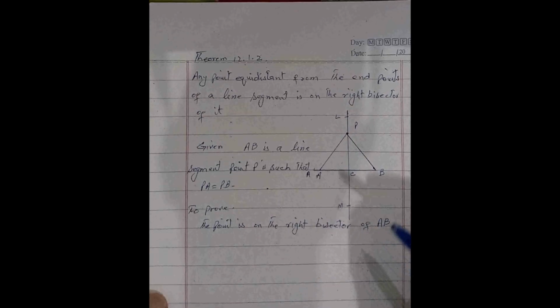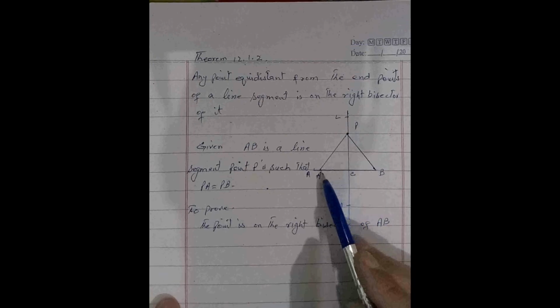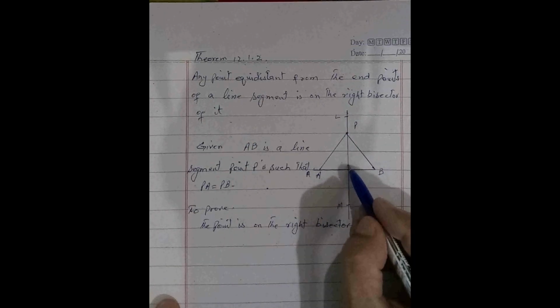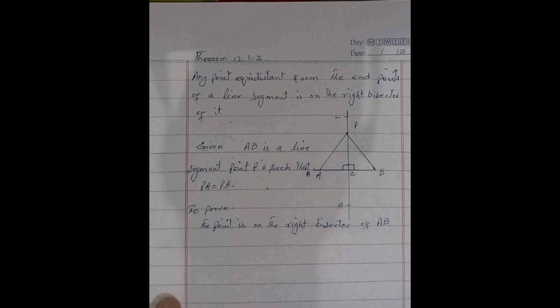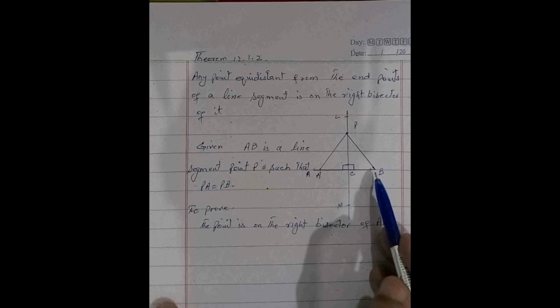Means P is on the line LM, which is the right bisector of line segment AB. Right bisector means they are the same length, means 90 degrees, and AC is equal to BC, and we prove it.